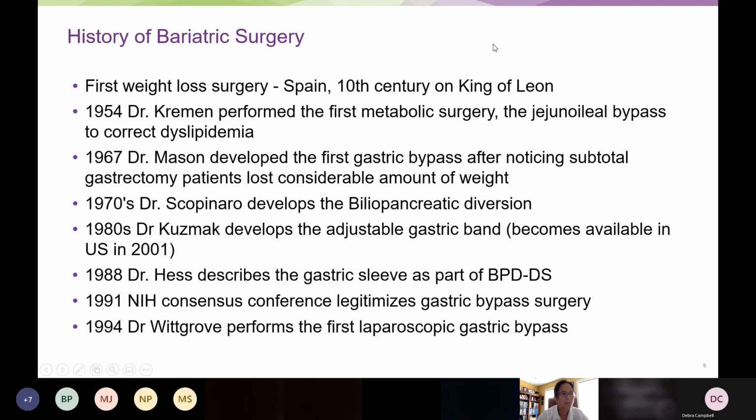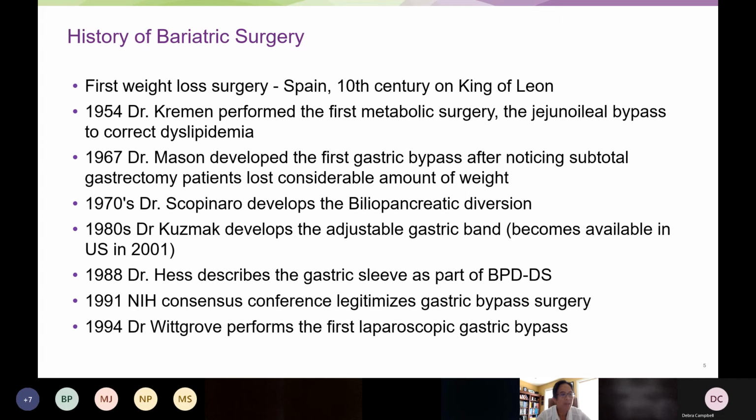So just a little history about bariatric surgery. The first weight loss surgery actually occurred back in the 10th century in Spain on the King of Leon. This gentleman was so overweight that he lost his throne.